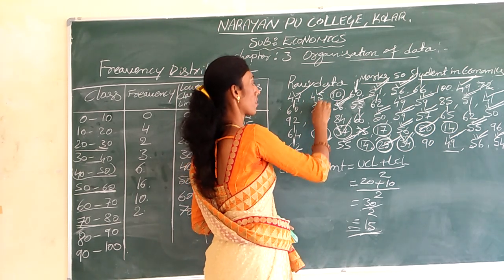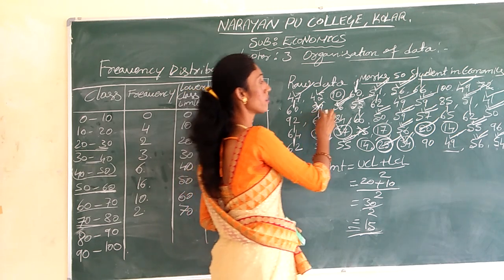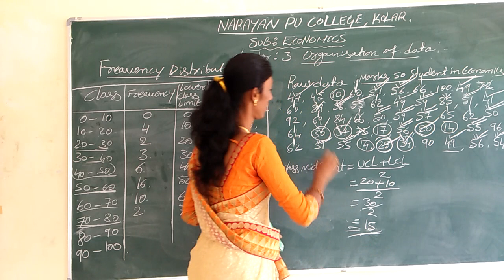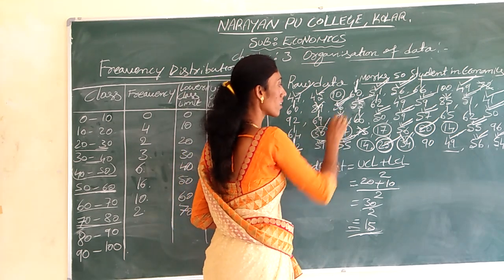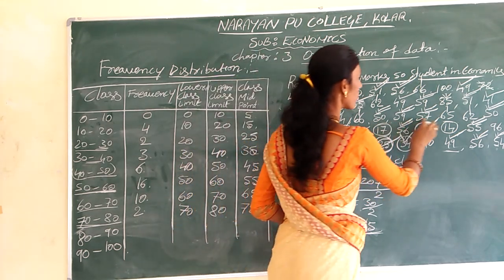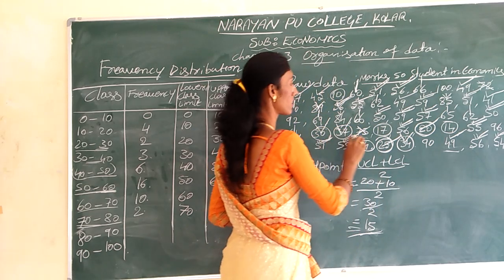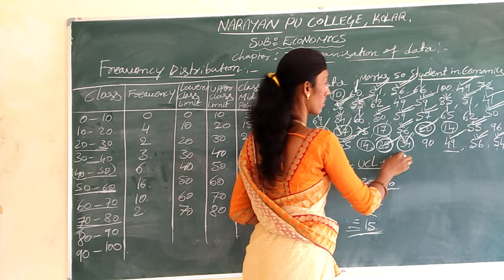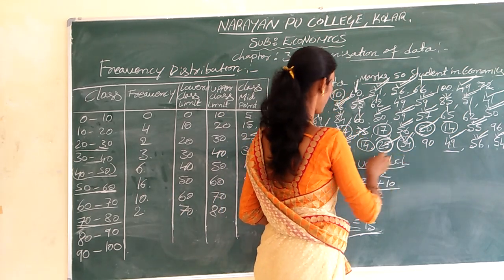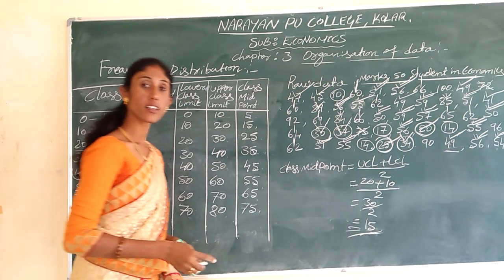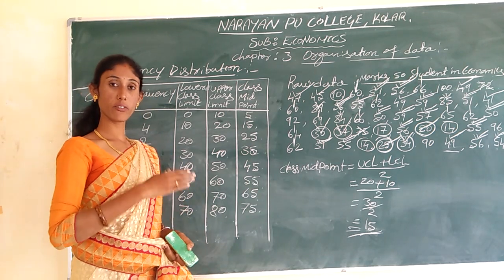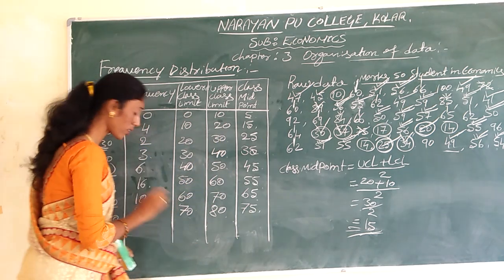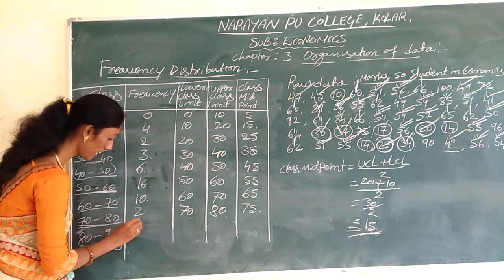Make it a V shape. 1, 2, 3, and we got 3 values between 80 to 90. Then frequency of this particular class will be 3.